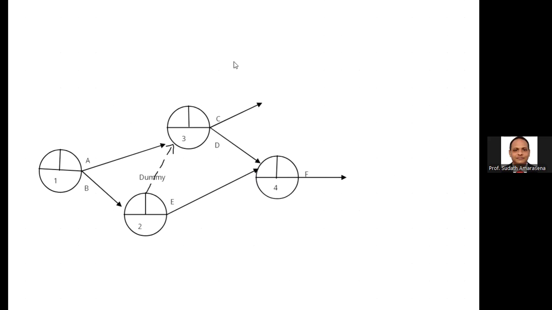Let's go to the next. The next one is activity G. We should complete C and F both. After completing C and F, here the C, here the F. I'll have to take the F this side.